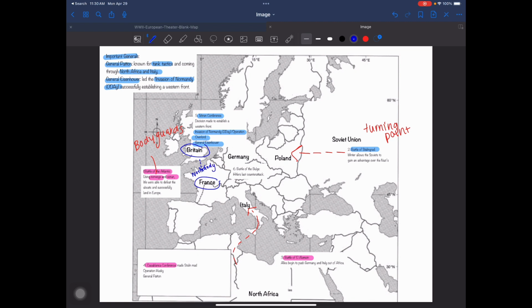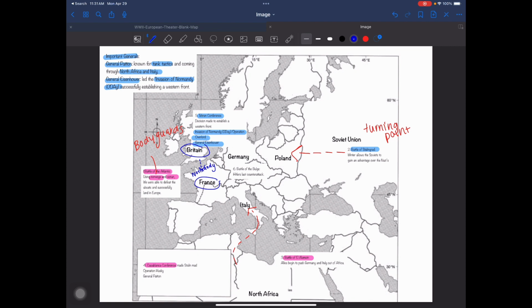And with a little bit of trickery, using some fake tanks and fake balloons and getting Hitler to pull some of his troops away from Normandy, we're going to be able to successfully invade 7 different beaches along that French coast there.